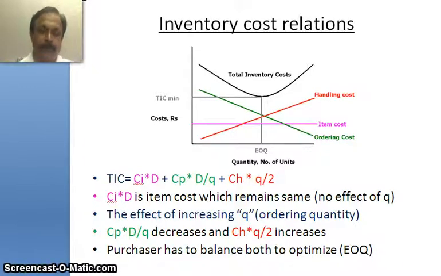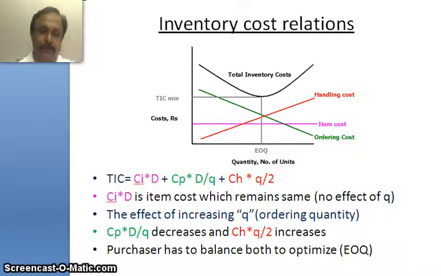Whereas if you increase the ordering quantity Q, you can see from the total inventory cost relation that the handling cost increases, whereas the ordering costs decrease. This is the effect of increasing the Q on the total costs.